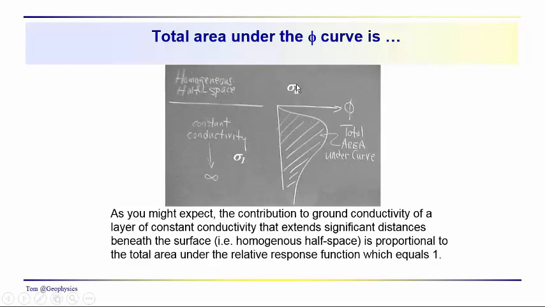So we'd have a formula where sigma A is equal to sigma 1 times the total area under the curve, which is equal to 1. So sigma A would be sigma 1 times 1 minus R1, but R1 in this case is 0, because there isn't a second layer, so we just get sigma A equal to sigma 1.